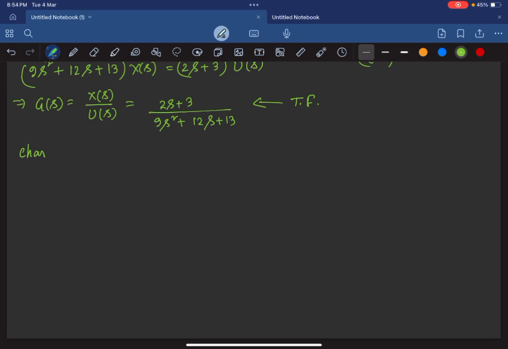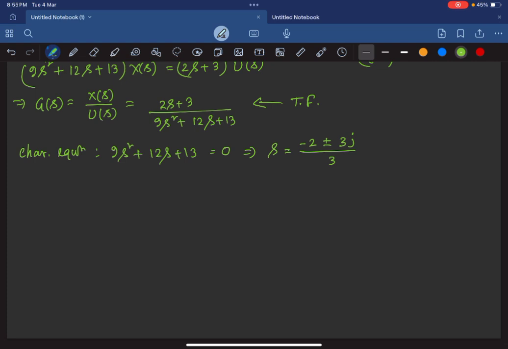Now the characteristic equation is given by the lower term, 9s square plus 12s plus 13 equals 0. Make it equal to 0 and now solve this one. If you do the calculation, you will get s equals minus 2 plus minus 3j by 3.